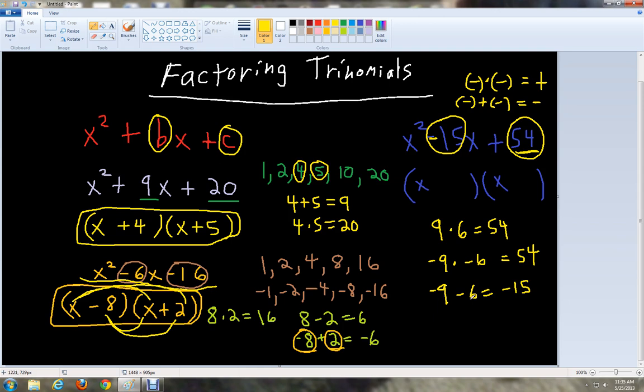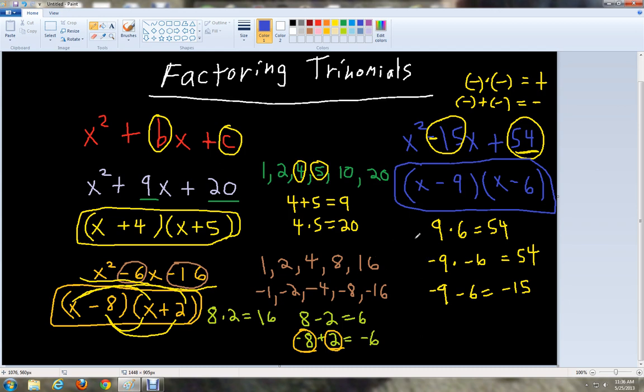So these will be our two factors. We'll have x minus 9, x minus 6. And that's how we factor x squared minus 15x plus 54: x minus 9 times x minus 6.